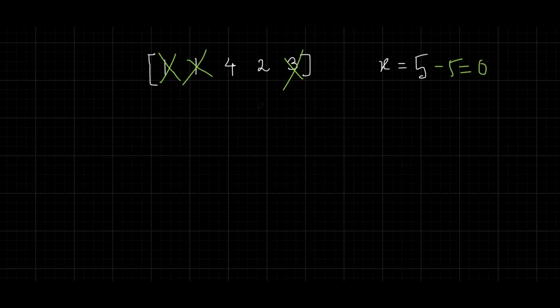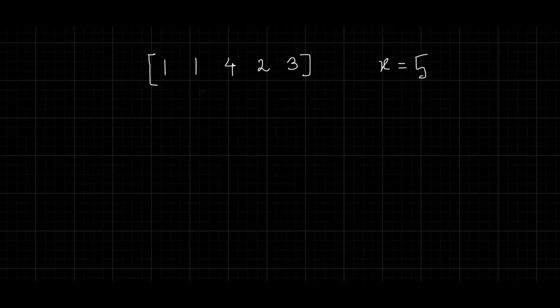So in this scenario, we remove 3 elements. Now, in another scenario, we can remove this 3 and this 2. So here we have to return 2 elements, and similarly, we subtract 3 plus 2, which is 5, from x, and x will become 0. So in this case, we remove 2 elements.